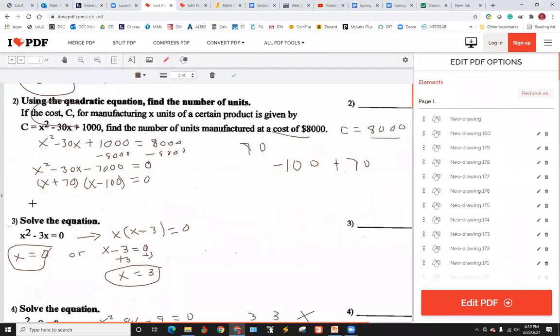Yeah, let's put them over here. X plus and X minus, and then that's going to be X is equal to negative 70, and X is equal to 100.